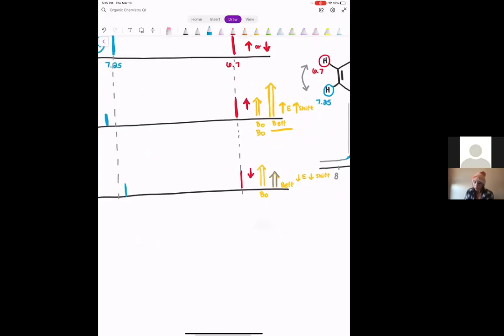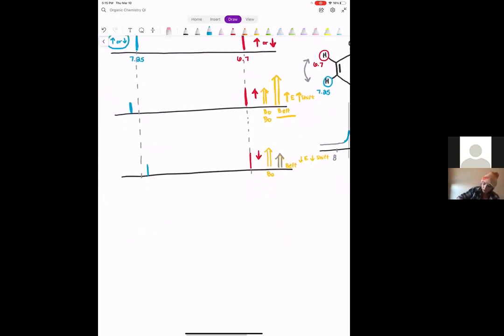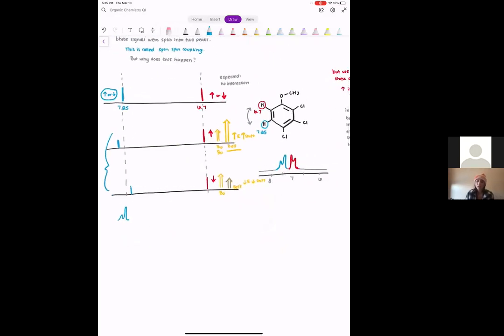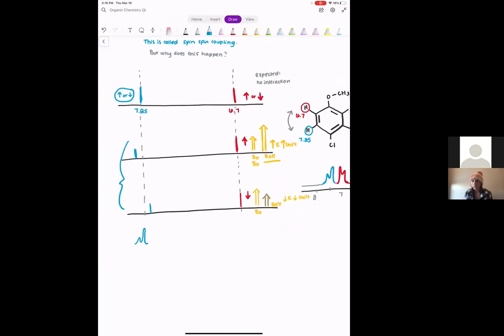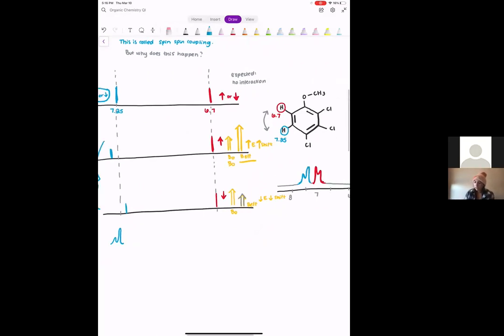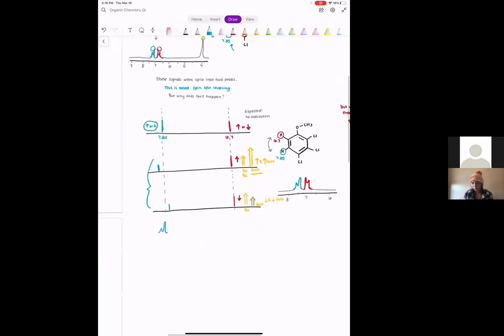So this makes a lot of sense, because if you were to combine these two, you would get something like this, which is exactly what we see. It's like we see the product of those two interactions right there. And because the blue proton can do the exact same thing, it can either align or align against the magnetic field, it will do the exact same thing, and it'll split that red proton signal in two.